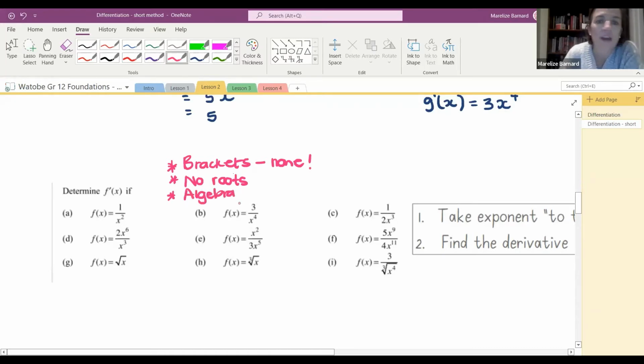That means we cannot have an x or an x cubed or an x to the power of 4 in the denominator.